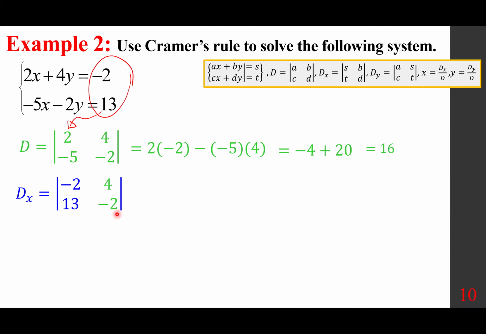Product of these two, minus 2 times negative 2, minus the product of these two. This is obviously positive 4. This is minus 52, resulting in minus 48.